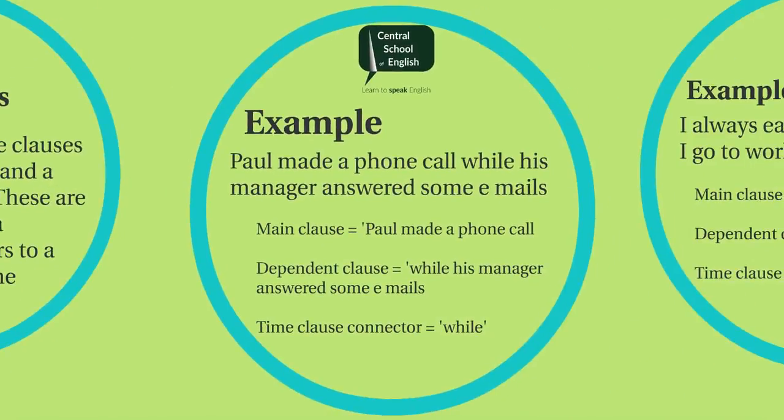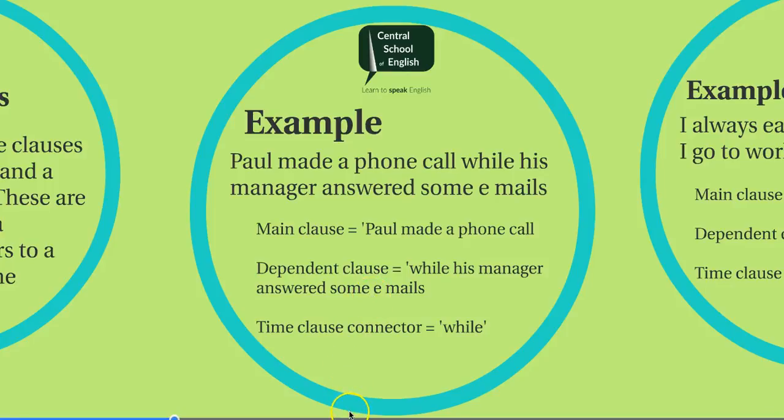In this example, the sentence is, "Paul made a phone call while his manager answered some emails." The main clause in this sentence is, "Paul made a phone call." This sentence contains a subject and a main verb and can stand independently as a sentence.